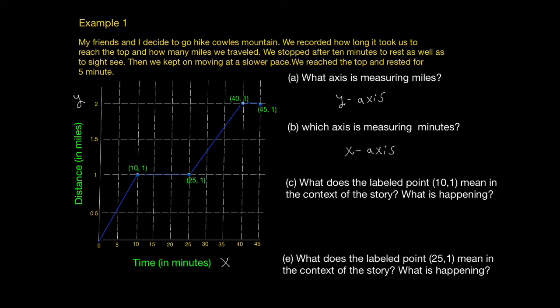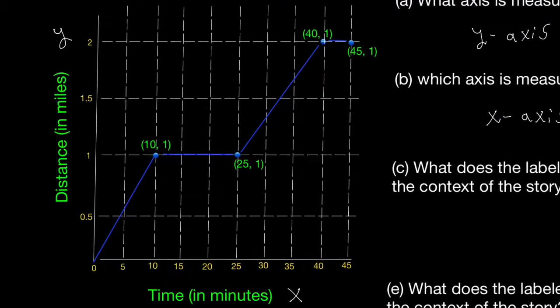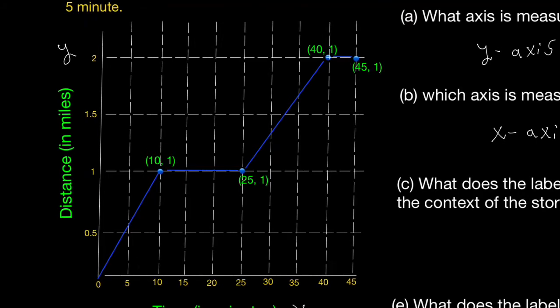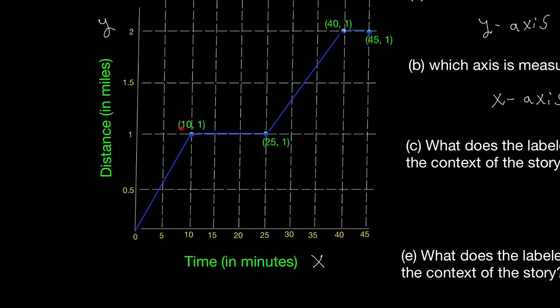Now for part C, what does the labeled point 10-1 mean in the context of the story? What is happening? The point 10-1 is right here. Let's zoom in a little bit on the graph. The point 10-1 gives us the information of minutes and miles. After 10 minutes, we were able to travel 1 mile.